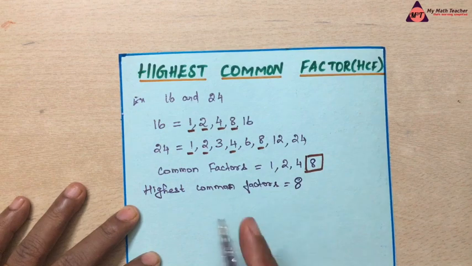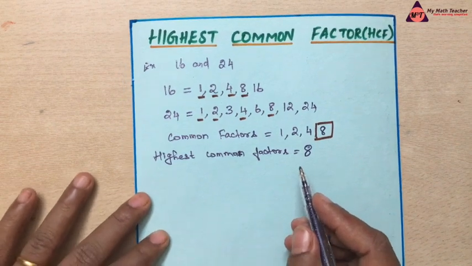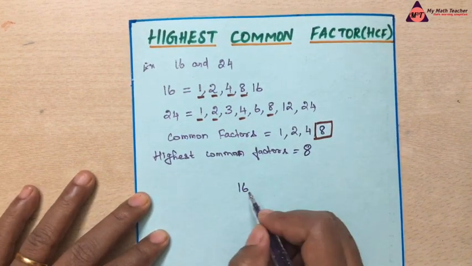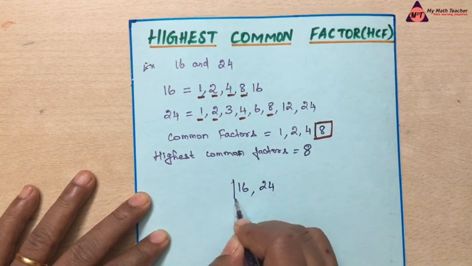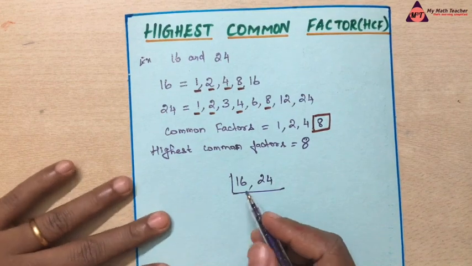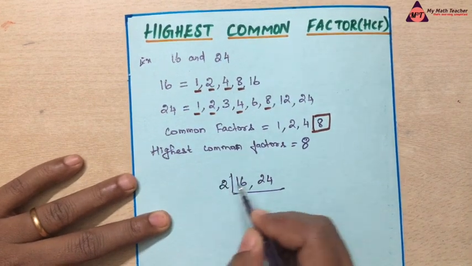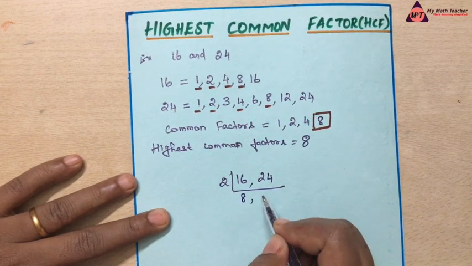Now, as you know, this consumes a lot of time. Then we started using a simple method, that is dividing the numbers by prime factors. So for 16, 24, we used to find the HCF with prime factors. Starting from 2, we divide 16, 8. Next divide this, 12.